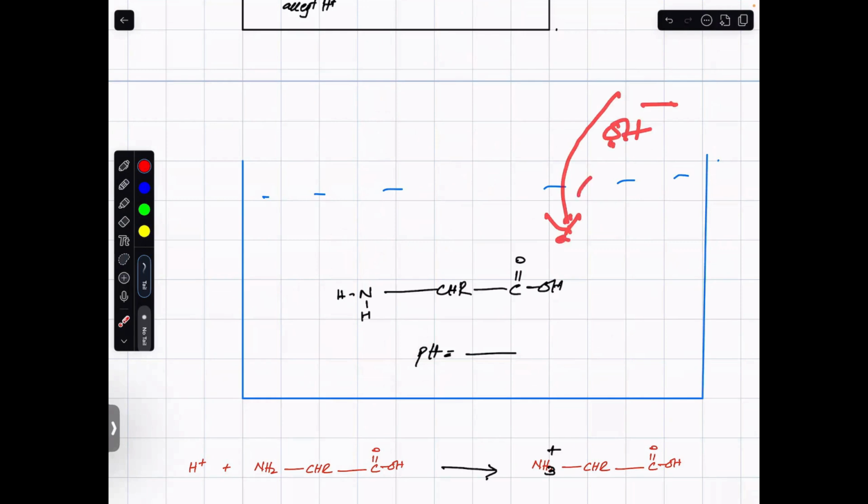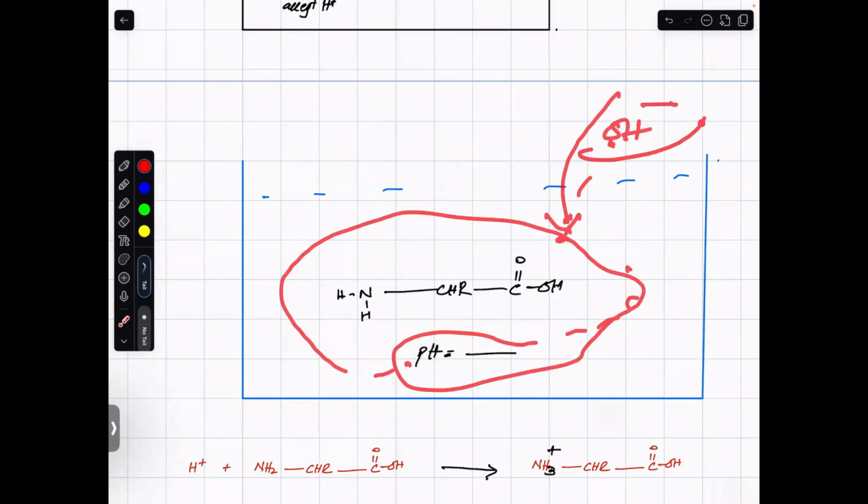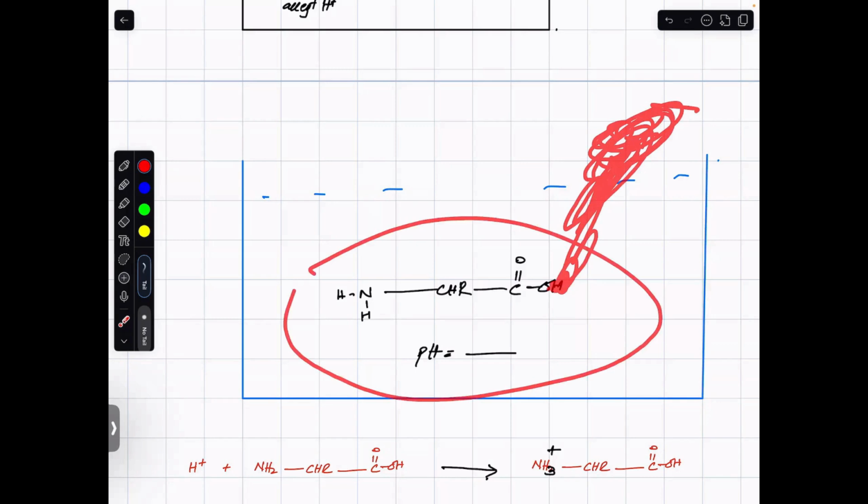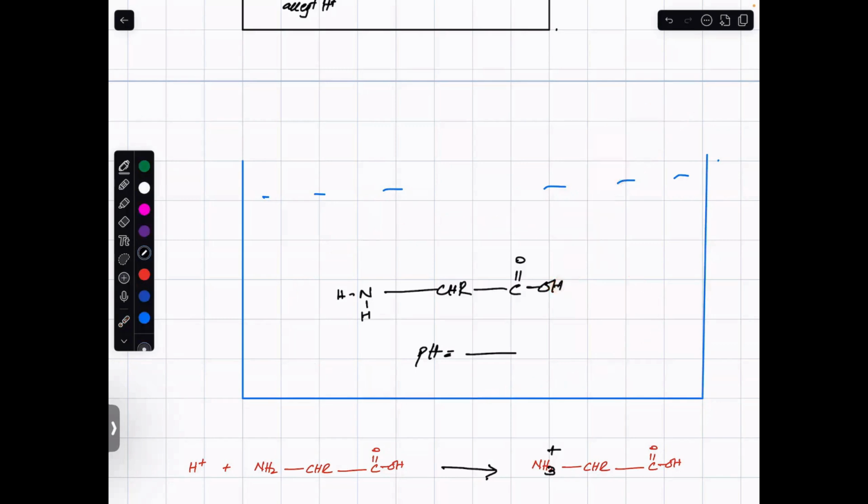If the OH is coming here, the OH is going to change the pH of this whole solution because it's alkali. But if this OH is neutralized by this acid, it becomes water. Do you think the OH will change the pH of that solution? No. So the OH is neutralized by this.